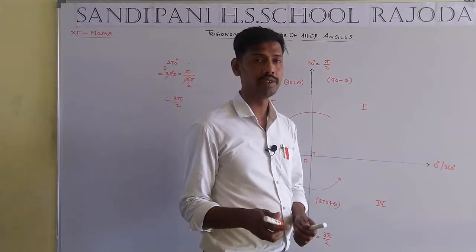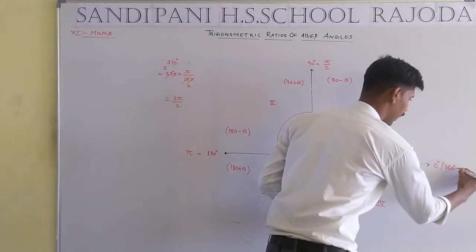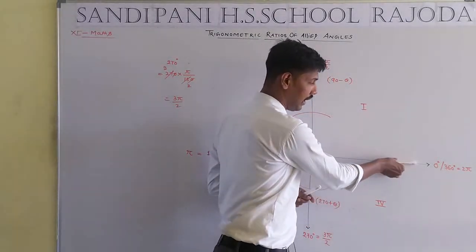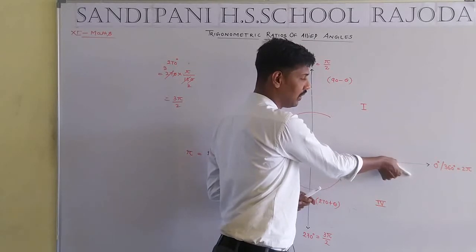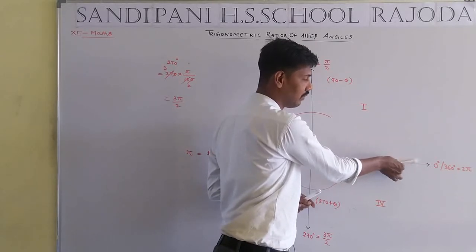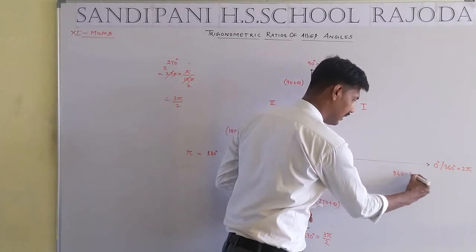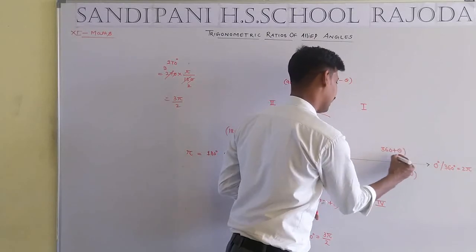What is the meaning of 360? 360 means our total circle, equal to 2 pi. If we subtract anything from 360 we get the reverse value, then 360 plus theta is the forward direction. So 360 minus theta and 360 plus theta.